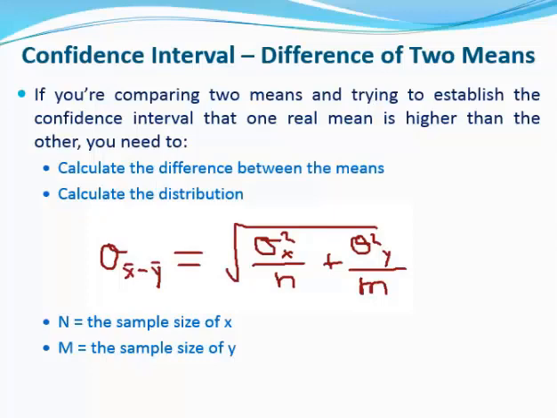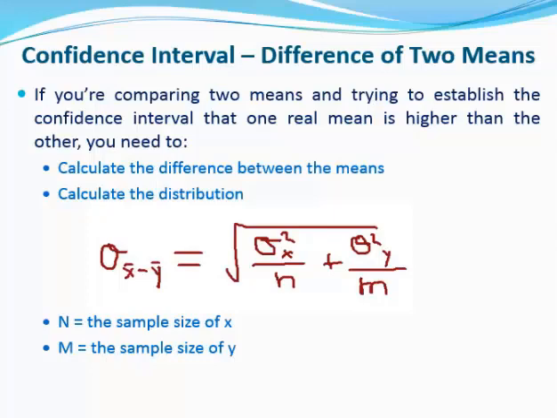The standard deviation between the two is a little bit more complex. To figure out the standard deviation between the two means, in other words, between your two samples, you have to apply a formula. And the formula is this over here, the standard deviation of x minus y, in other words, the standard deviation of the difference.